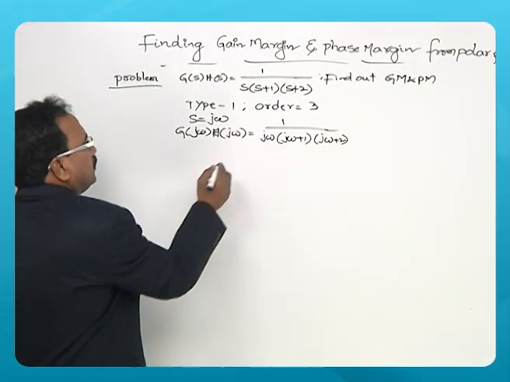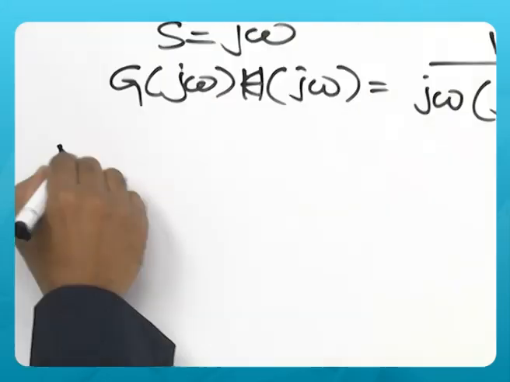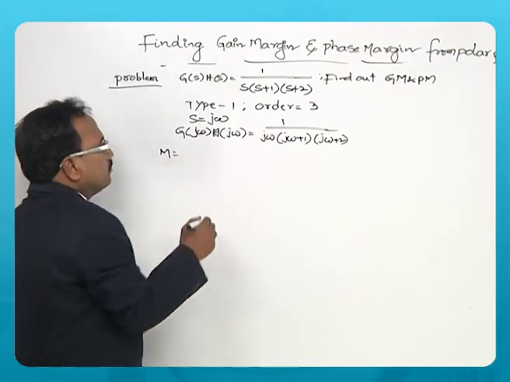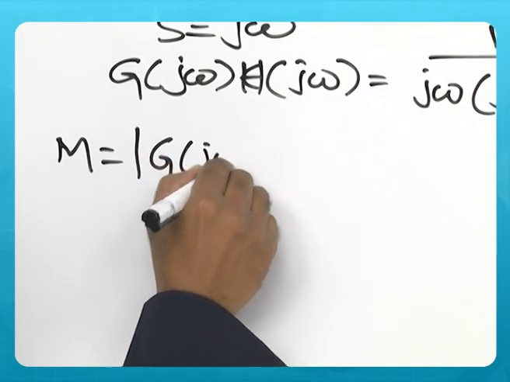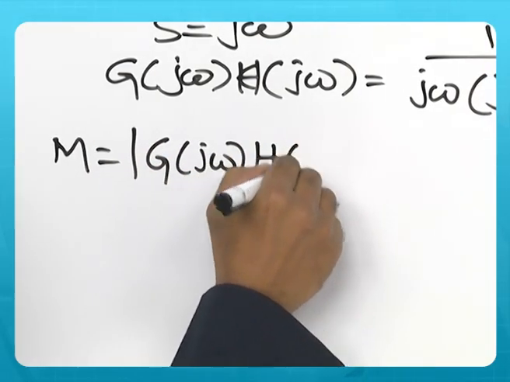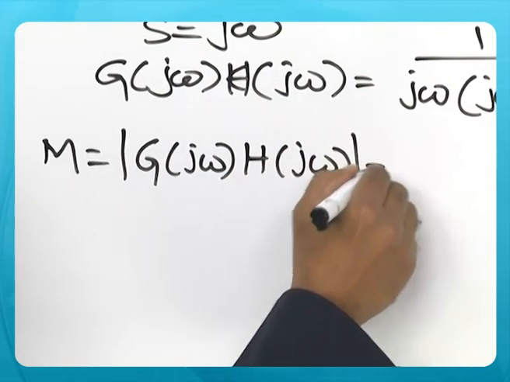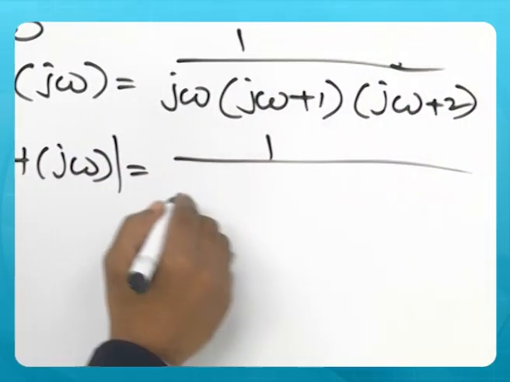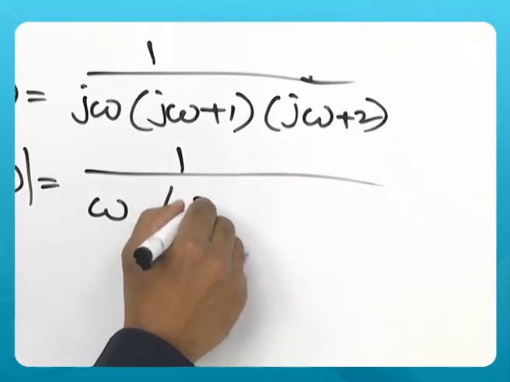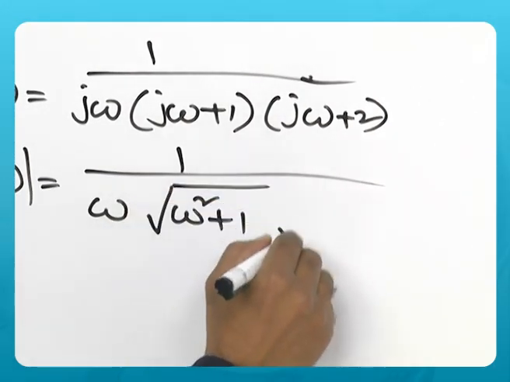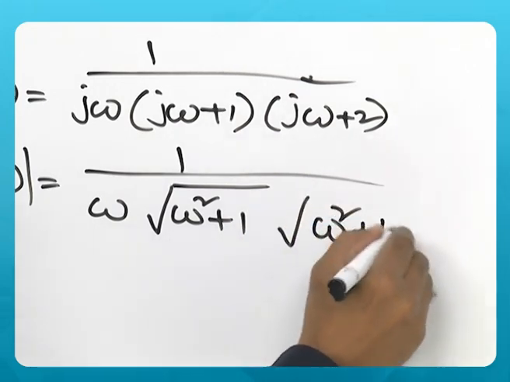and the magnitude of the system transfer function, magnitude of G(j omega)H(j omega), is 1 / (omega under root of (omega square plus 1) under root of (omega square plus 4)).